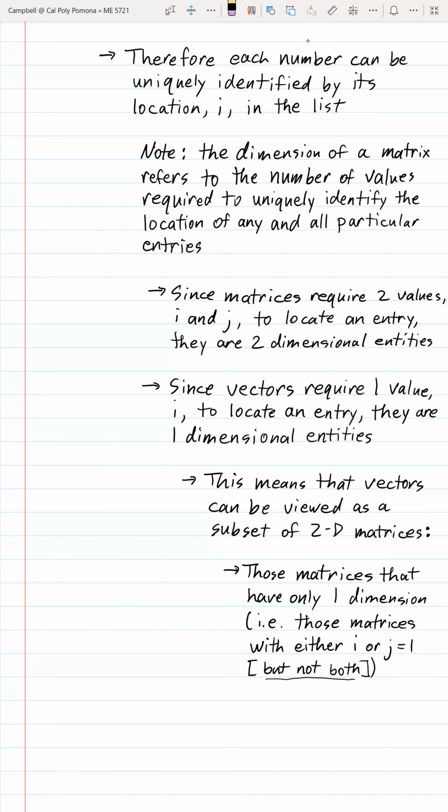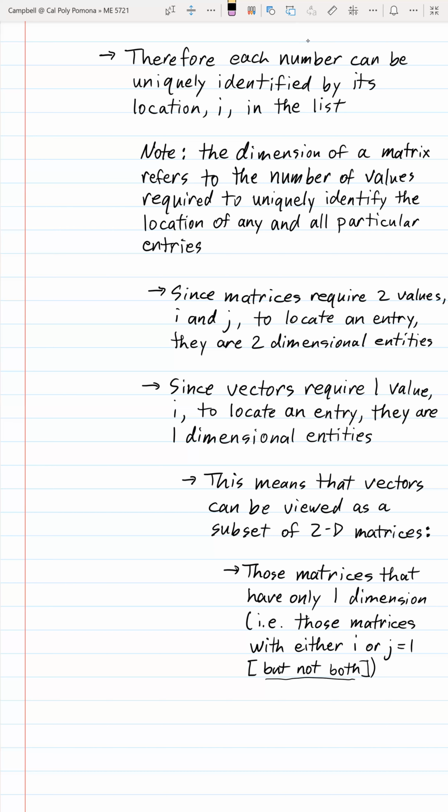Because if both are equal to 1, what does that mean then? That means we're dealing with an entity where we only have a single value. And at that point, we just have one entry.